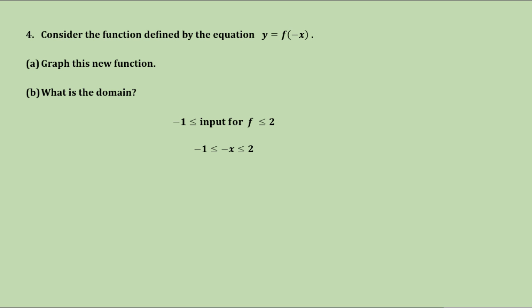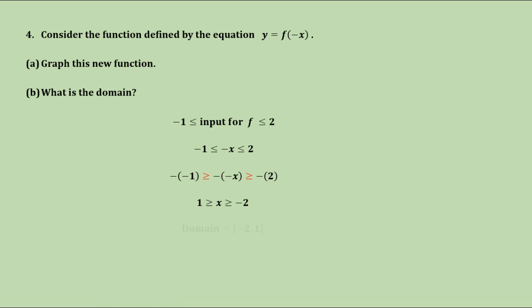Well, this time we need the input -x to be between -1 and 2, which means we have to solve this inequality for x by negating the left, right, and the middle. And whenever we negate an inequality, both sides, we have to reverse the direction. So the less than or equal to signs are becoming greater than or equal to signs.